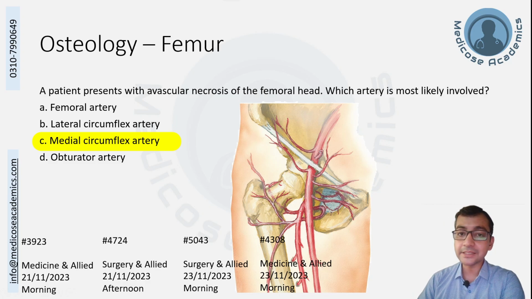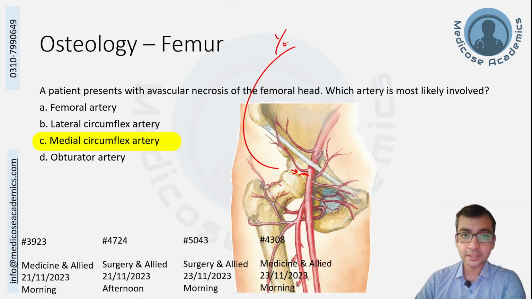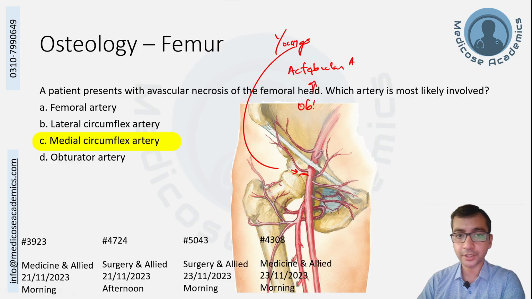But keep in mind, in young children, this has an additional supply of acetabular artery coming from the artery in the ligament of head of femur. That artery in youngs is called acetabular artery, and it is a branch of obturator artery, and that artery is a branch of internal iliac artery.